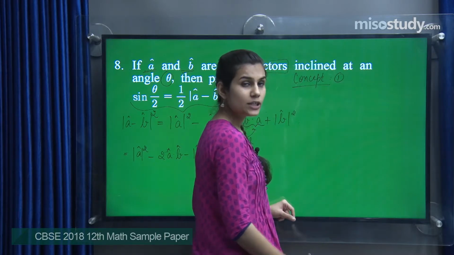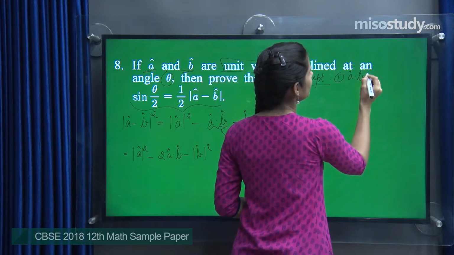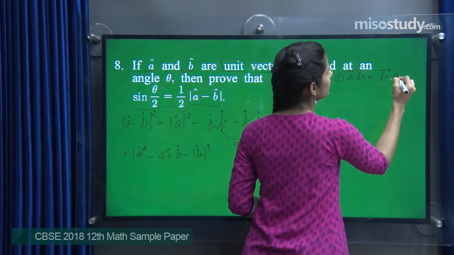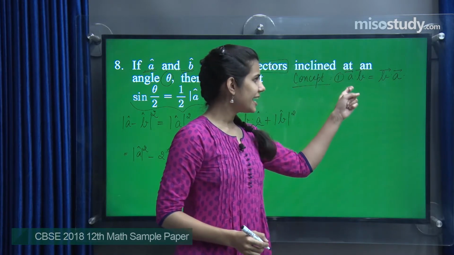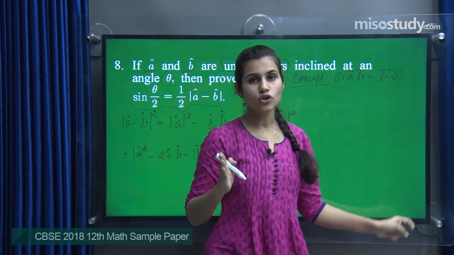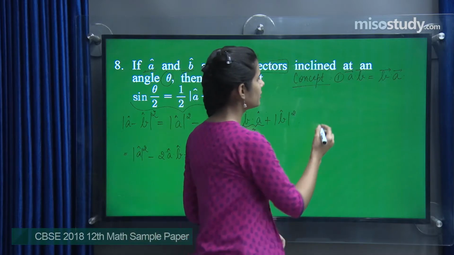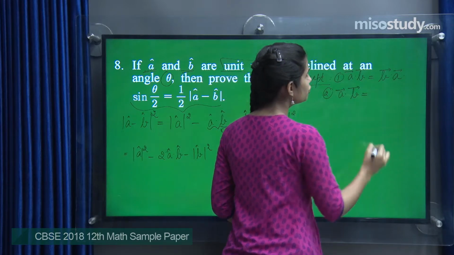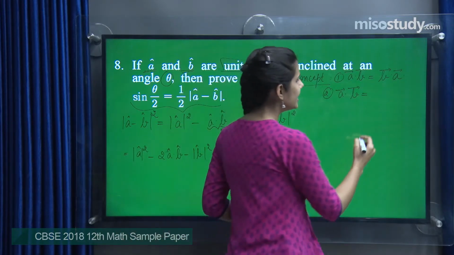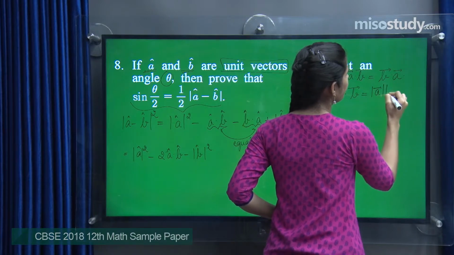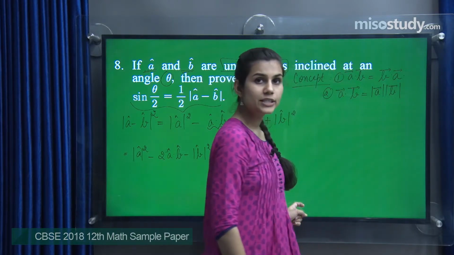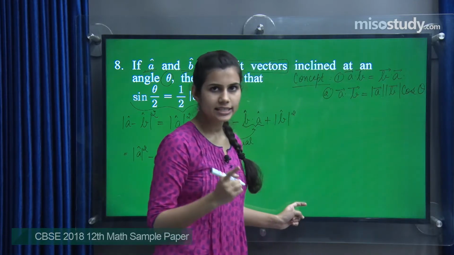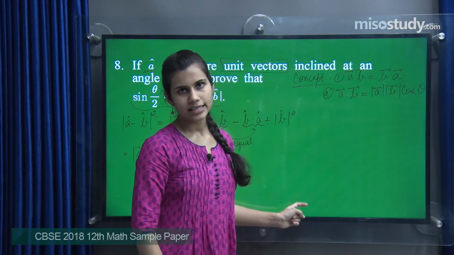The first thing we needed was that for any vectors, A dot B is equal to B dot A because the dot product is commutative. The next concept I had already told you: you should know the definition of the dot product. It is nothing but the product of the magnitudes of these two vectors multiplied by the cosine of the angle theta, where theta is the angle made between these two vectors A and B.